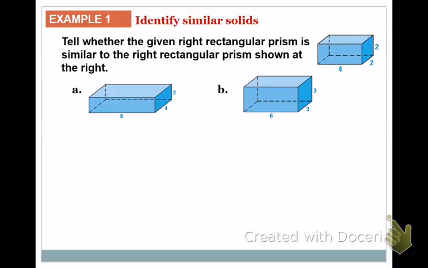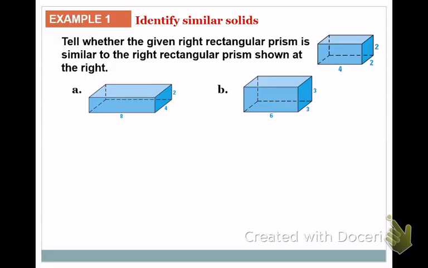Aaron, you're shaking your head no. Why not? It's two of the same side, so two of the same measure. This one has 2 and 2, this one has 4 and 2 and 8. So there's no way it's similar.